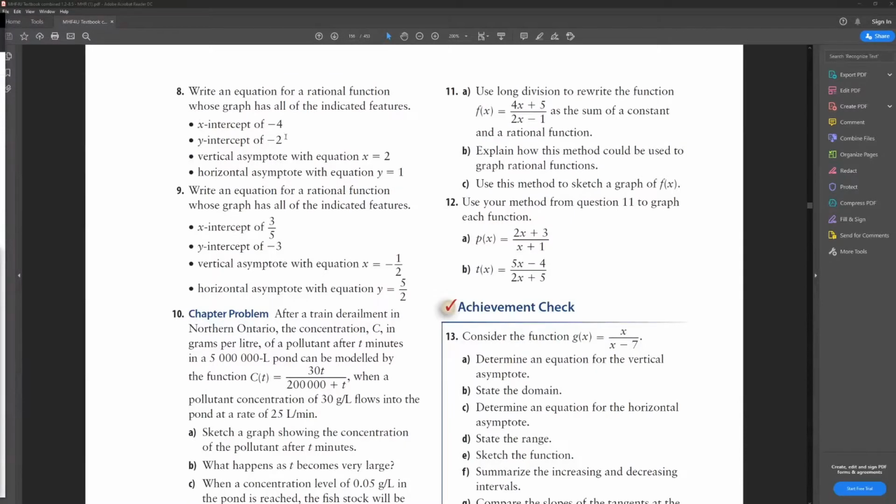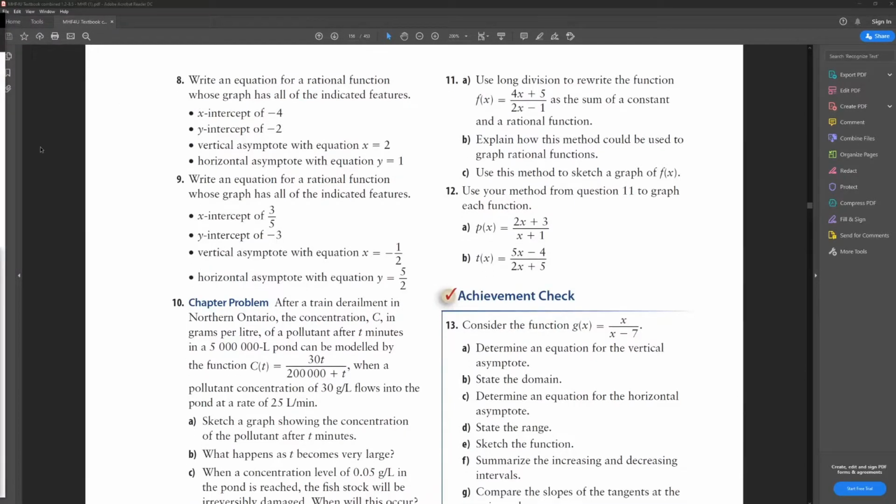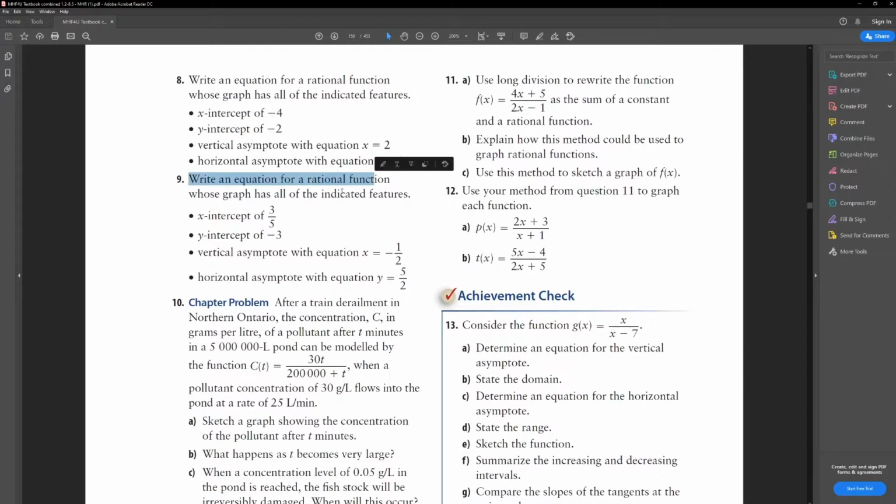Okay, I've also assigned question 9, which makes you write an equation for a rational function, which has the following things. This is genuinely the exact same thing as using the graph, but now you're just immediately given the values. So over here, again, we have the x-intercept of 3/5.